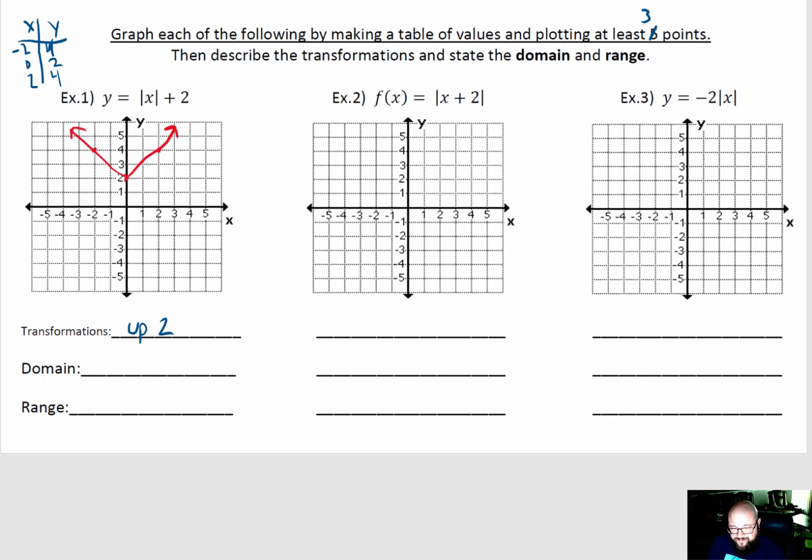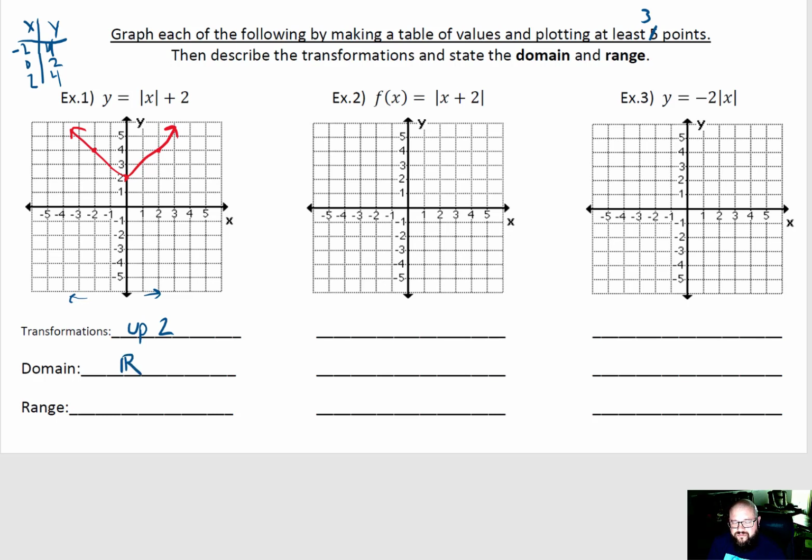And with this one, fairly similar on our domain from our parent function, right? We're still going for domain, that's our x-axis, so we look to the left and to the right from 0, it's going to -infinity to positive infinity. So again, we're still left with all real numbers.